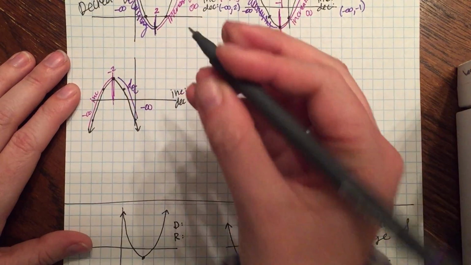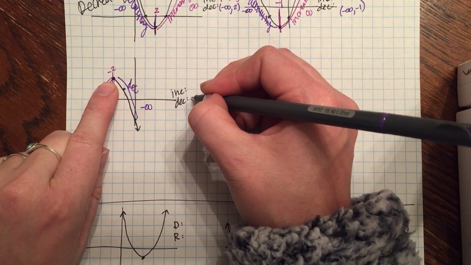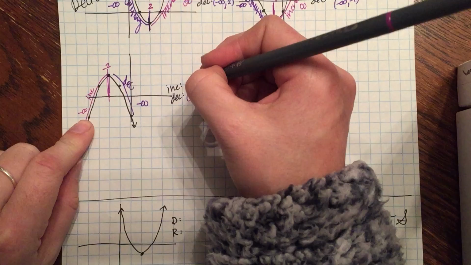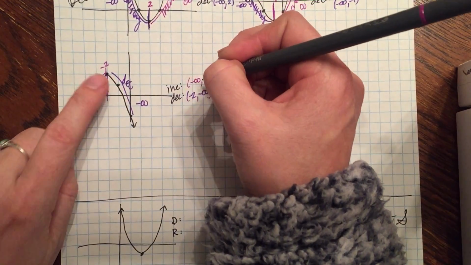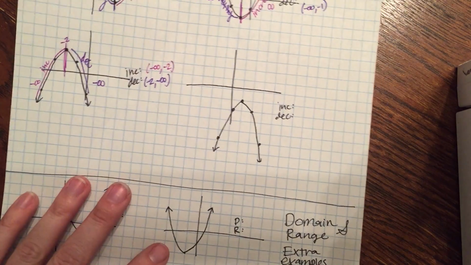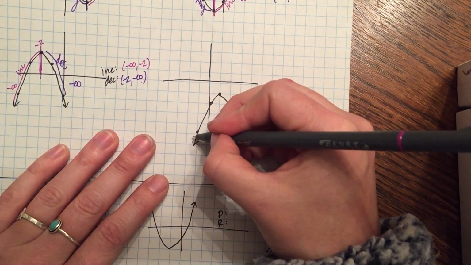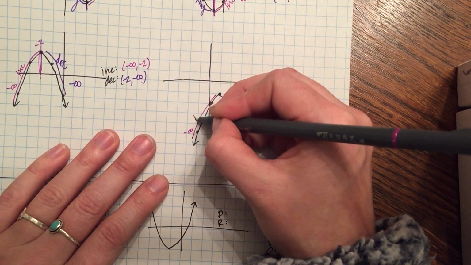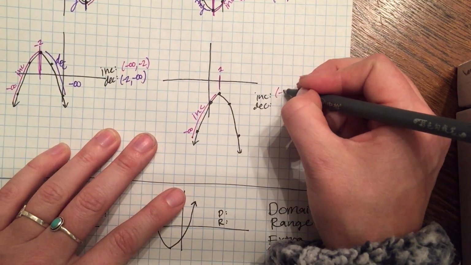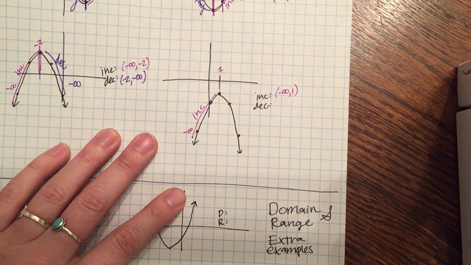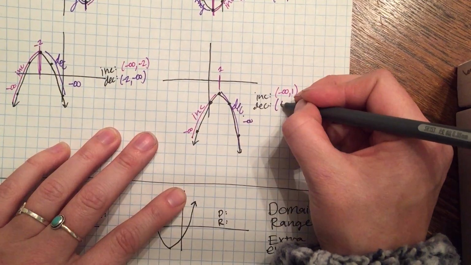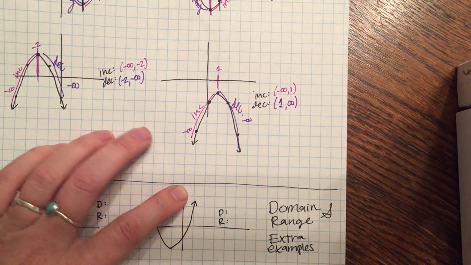Decreasing. So decreasing would be the negative 2 to negative infinity section. Increasing would be negative infinity on the left, negative 2 on the right. Increasing until it hits the number 1. Decreasing from 1 to positive infinity.